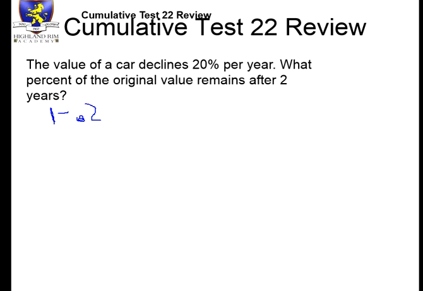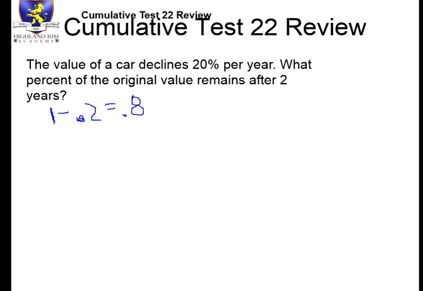Now 20% in decimal form is 0.2, right? So the value is 0.8 of the previous value per year.